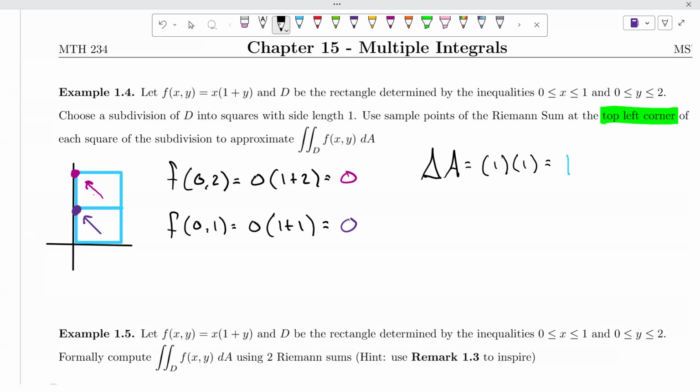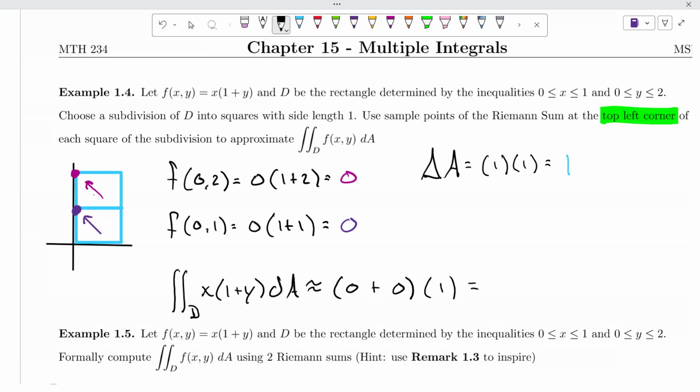So then my double integral, I'm kind of beating a dead horse here, because I'm guessing you already know the answer. The double integral of x times 1 plus y dA is approximately 0 plus 0, times 1.